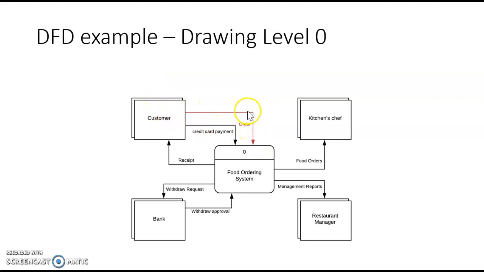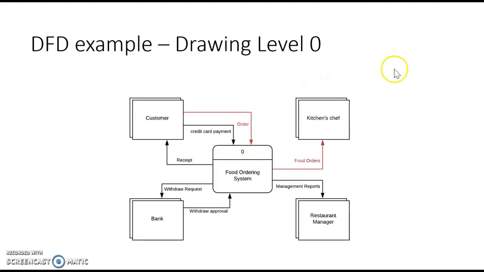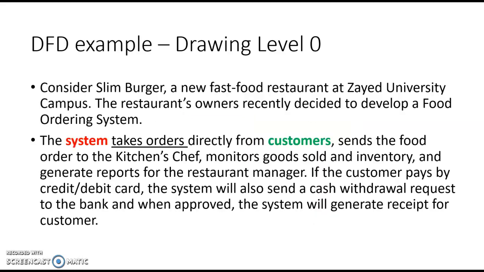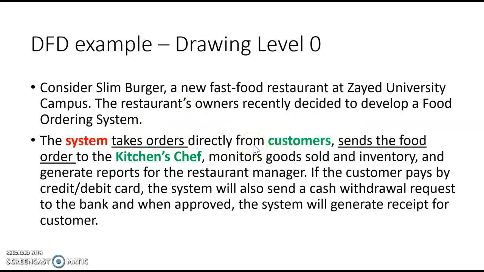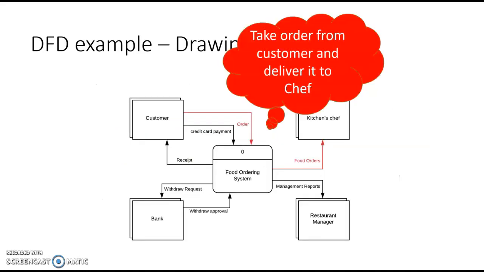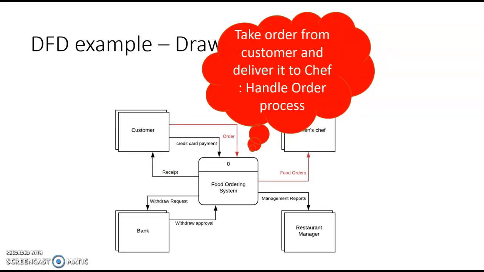So what is the system supposed to do when the customer gives an order? The system will handle this order and pass it to the kitchen chef. So it will be sending the order to the kitchen chef. I can see that this is all related to the order. The system takes the order from the customer to deliver to the chef, and it's all about handling the orders.